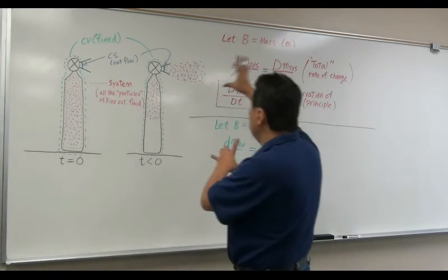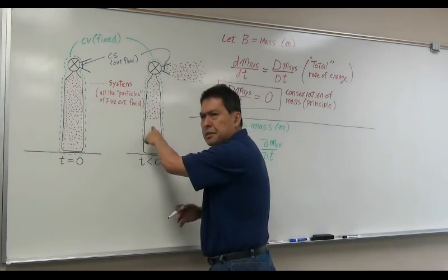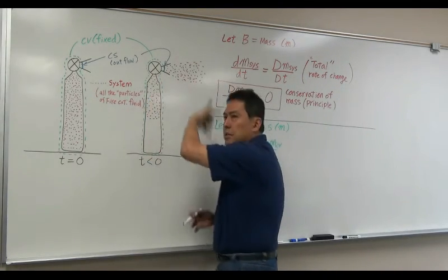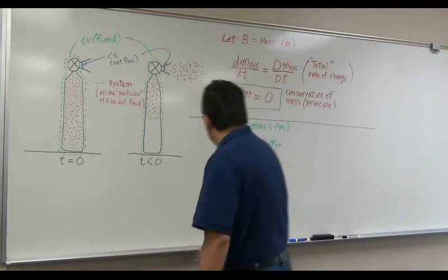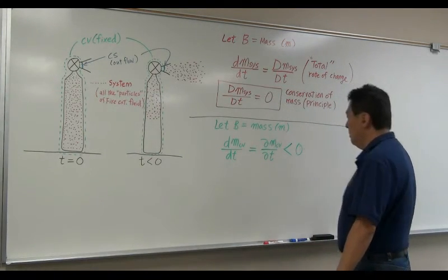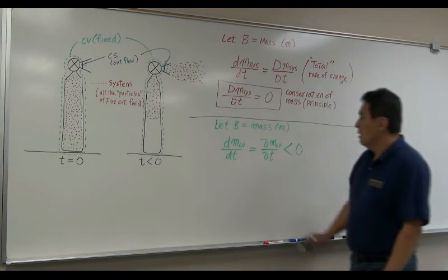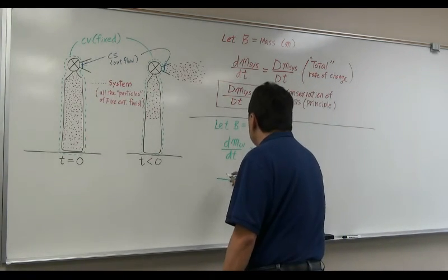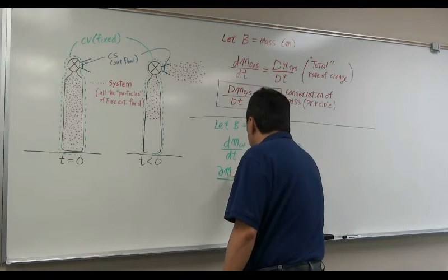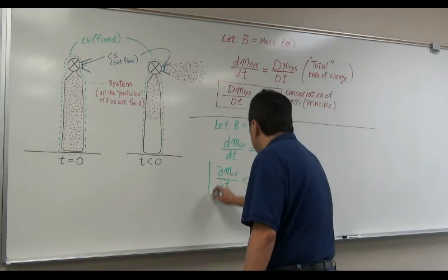As the time goes by, the mass within the control volume decreases and decreases and becomes 0 later on. So this is obviously some kind of negative value. It's not going to be 0. So conclusion, dm_CV/dt is some kind of negative value.